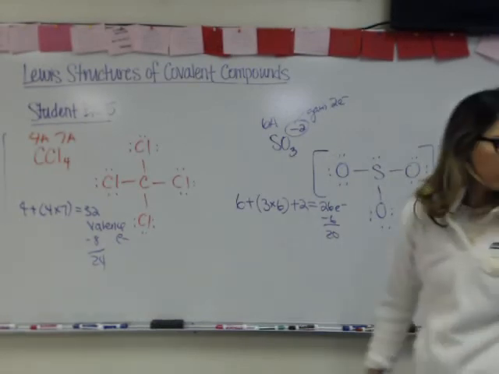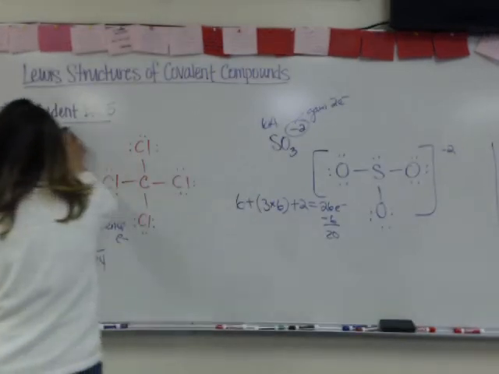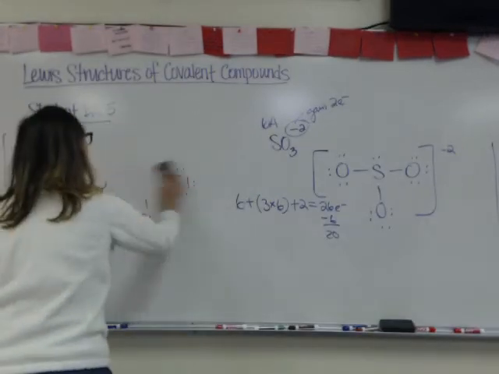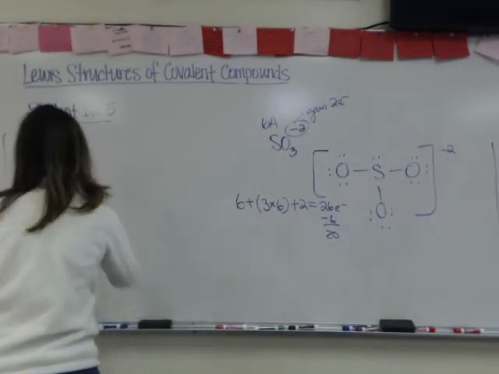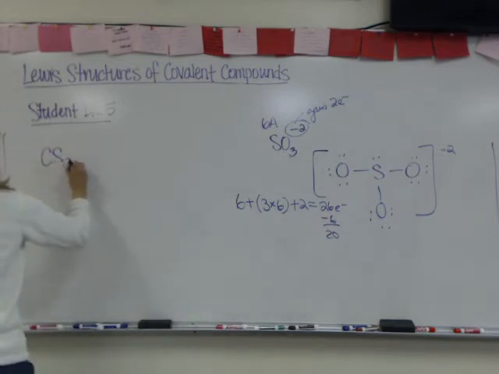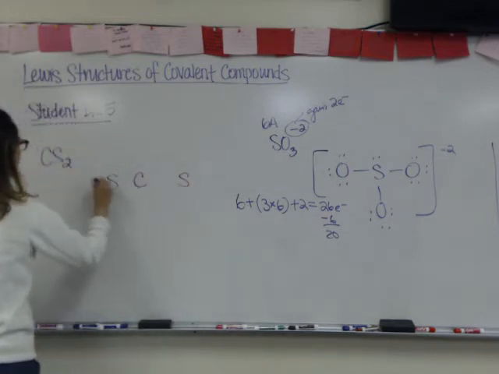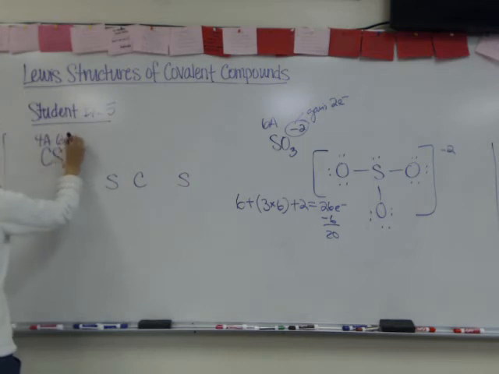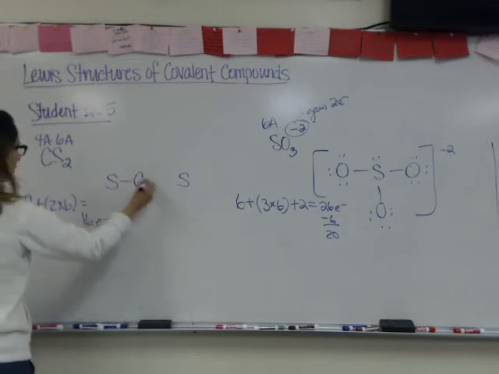Then we have CS2. Carbon in the middle, sulfur is on either side. This is in 4A, this is in 6A. 12 plus 4, we have 16 electrons to work with.